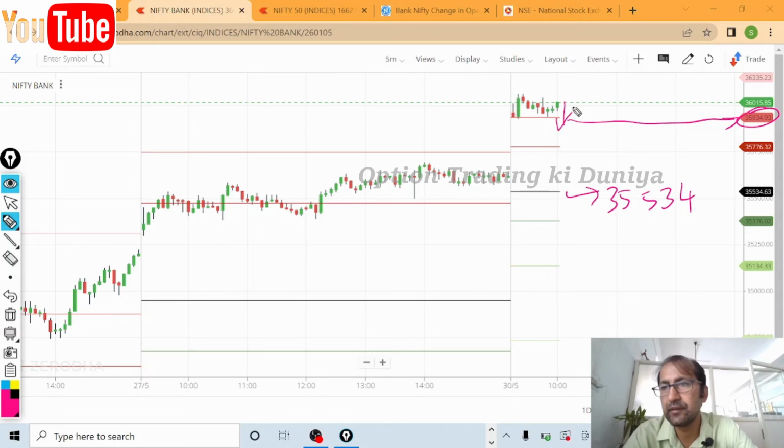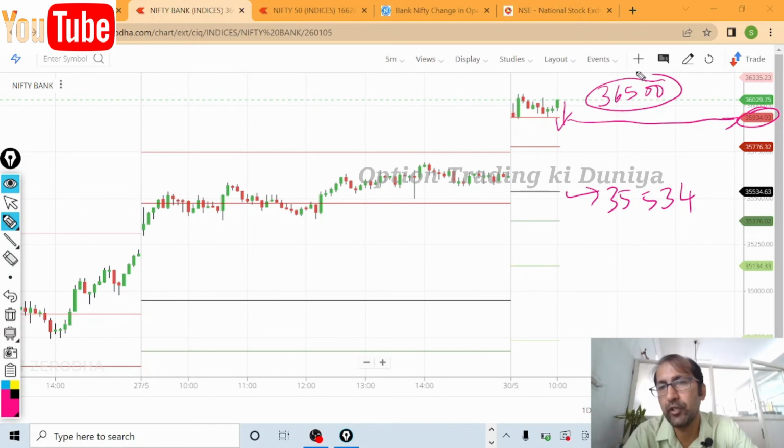On dips to 35,934, you can buy Bank Nifty for a target of 36,500. So 36,500 will be the target. You can buy on dips.